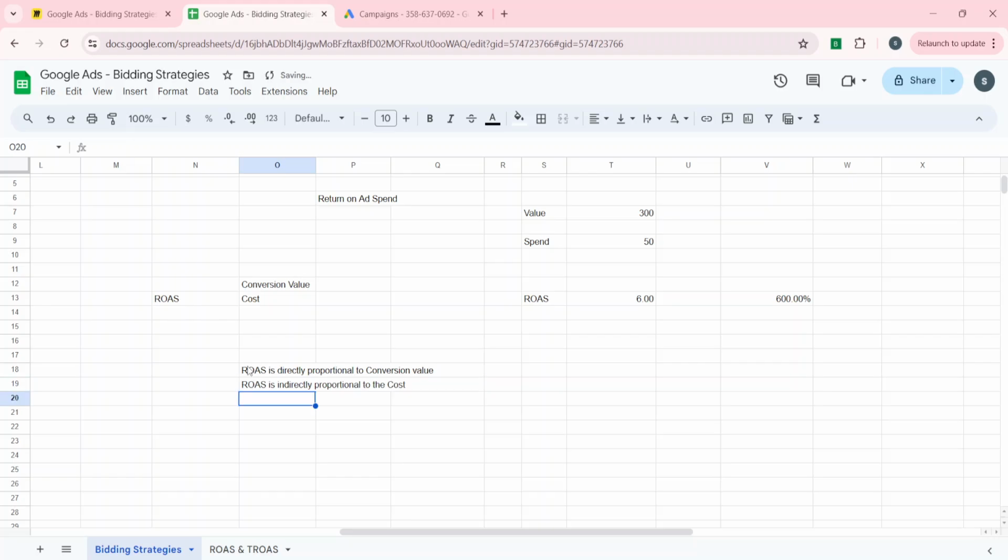That means if you want to increase ROAS you have to increase conversion value. If you want to increase ROAS you have to decrease cost. You are getting me, right?